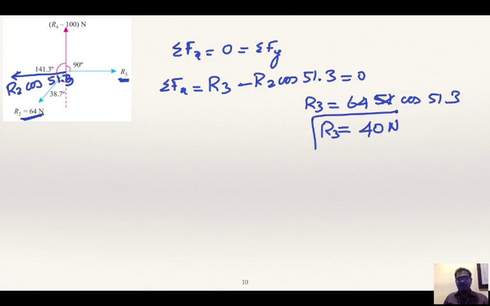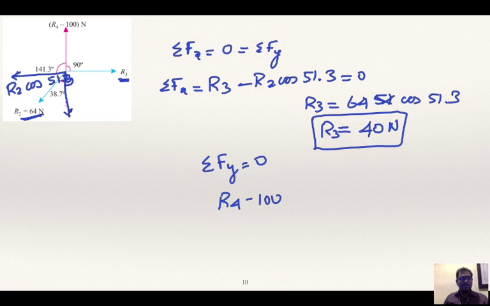So this is the value of R3. If you are going for sigma Fy equal to 0, you are going to have R4 minus 100, that is this particular force, and then you have another force, the vertical component of R2, R2 sine 51.3. That will be acting in the negative direction.